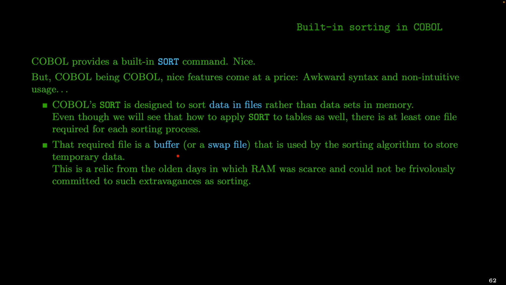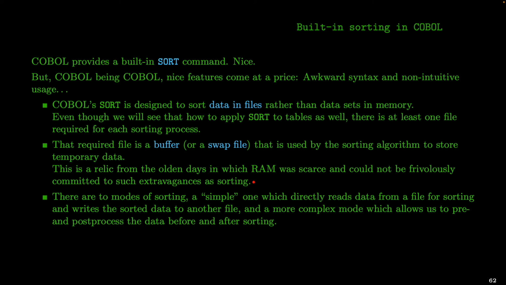Now, this may seem a bit eccentric to you, but this is actually a leftover from the olden days where random access memory was not widely available, and you could not easily spare some of it to perform sorting procedures. So this is why COBOL originally was designed in a way to use an external file as a buffer for the sorting algorithm.